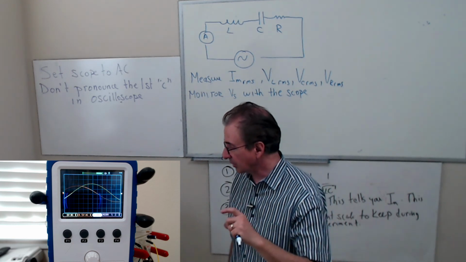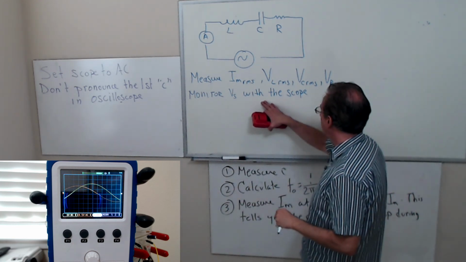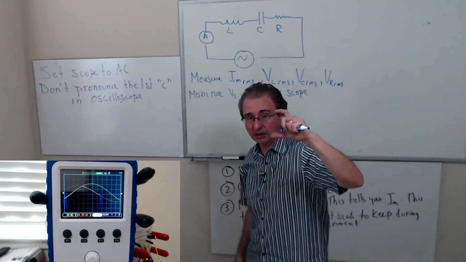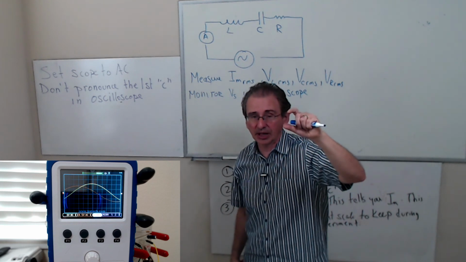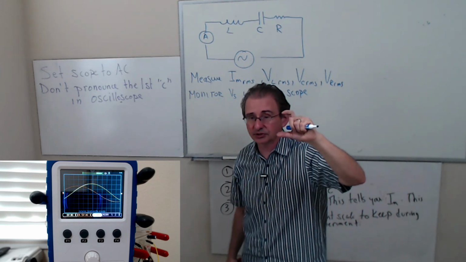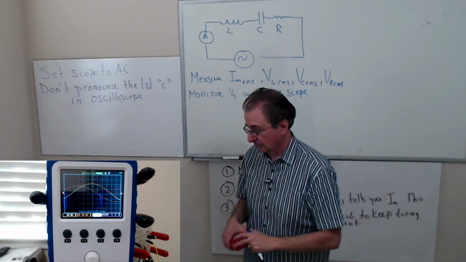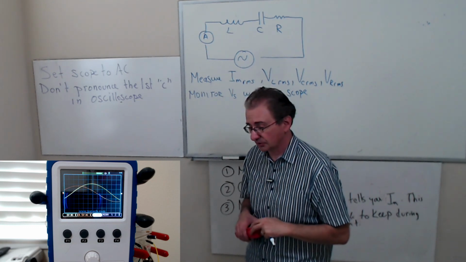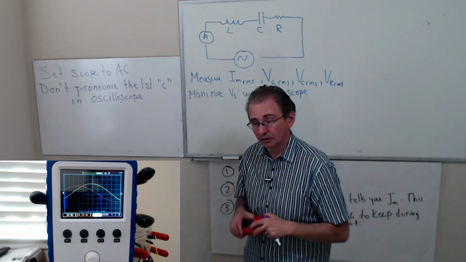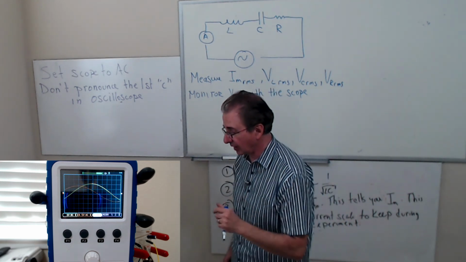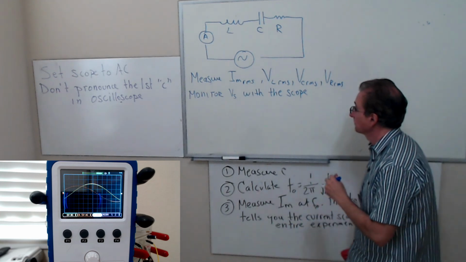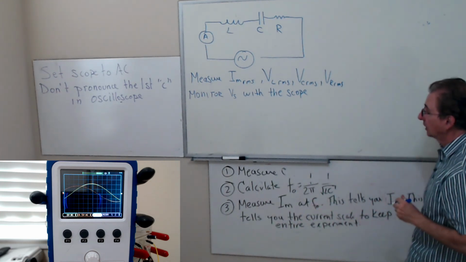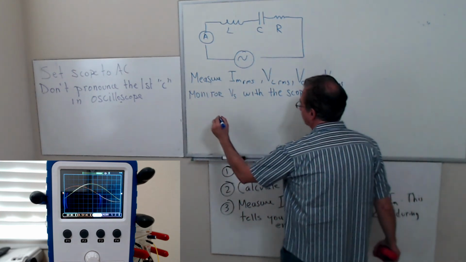So when you're monitoring the voltage of the power supply with the scope, go by either the peak-to-peak voltage or the amplitude. I would just use the peak-to-peak voltage to make sure it stays the same. Okay, just make sure it stays the same. Because it will vary as you change the frequency. All right, and I should say as a function.